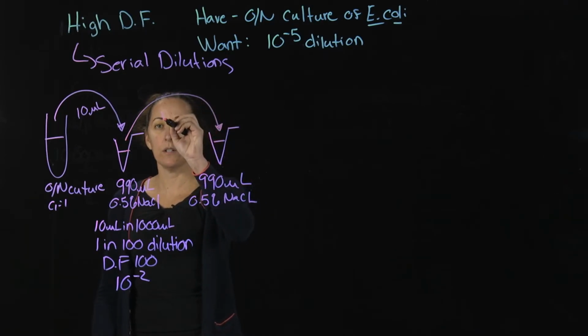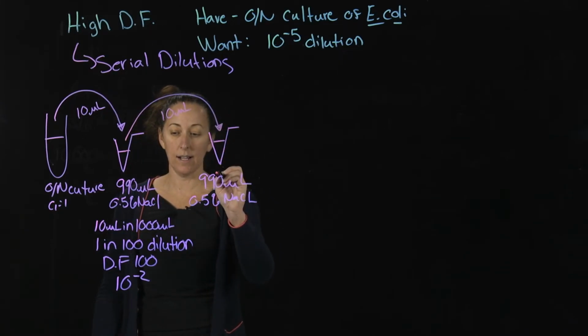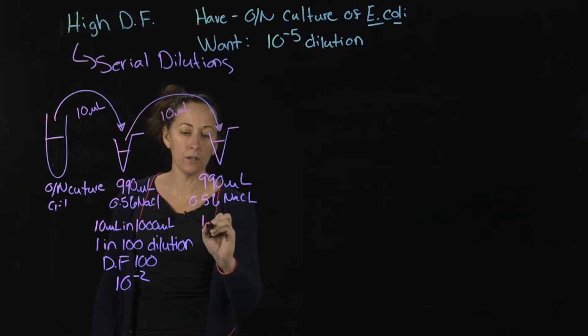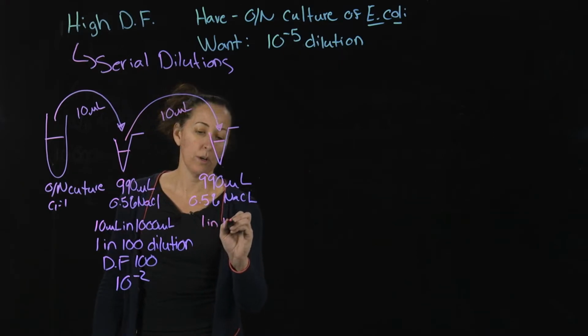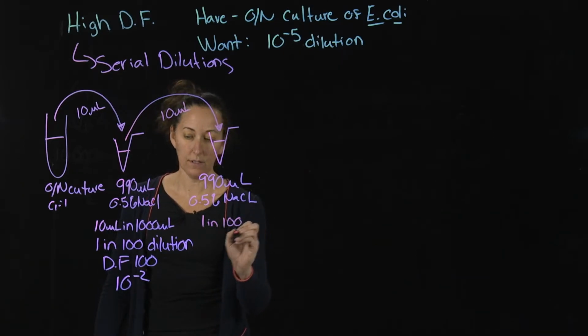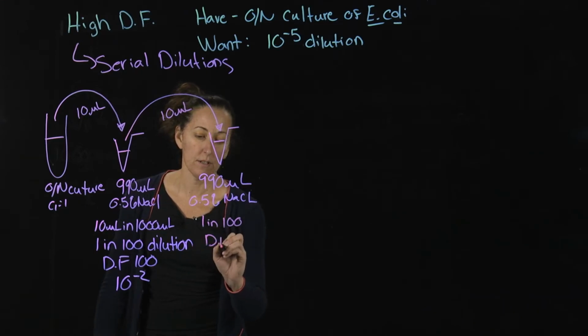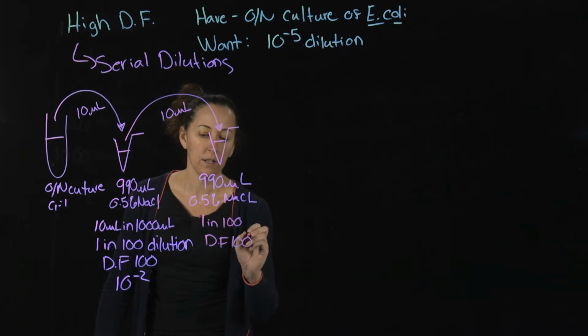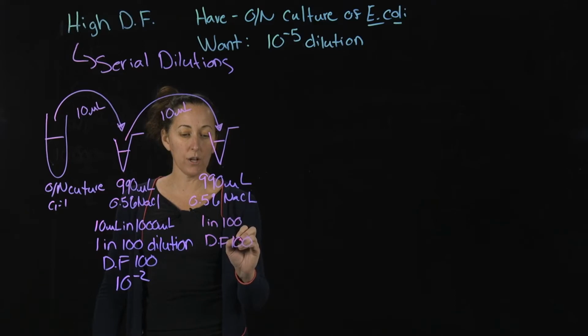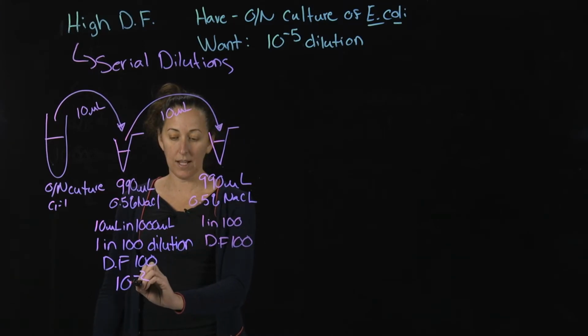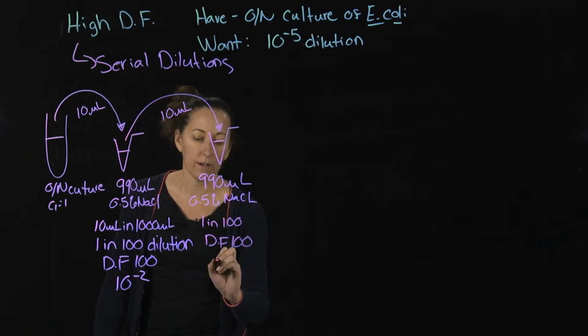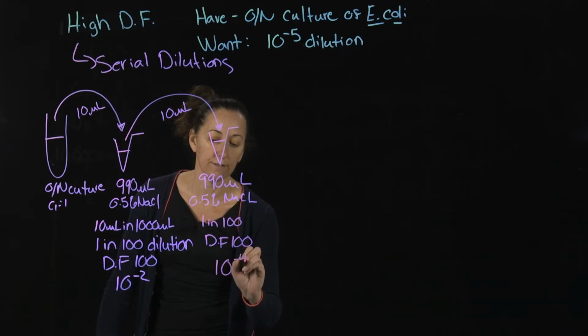So 10 microliters out of 10 to the negative 2 into 990. We have another 1 in 100 dilution, a dilution factor of 100. Coming from 10 to the negative 2, we are now at 10 to the negative 4.